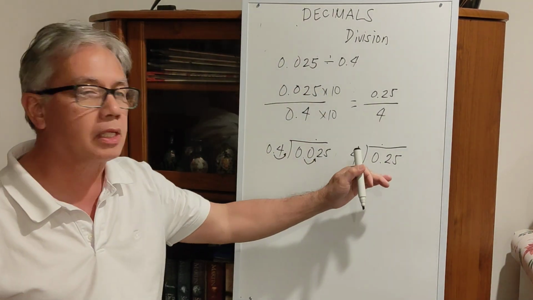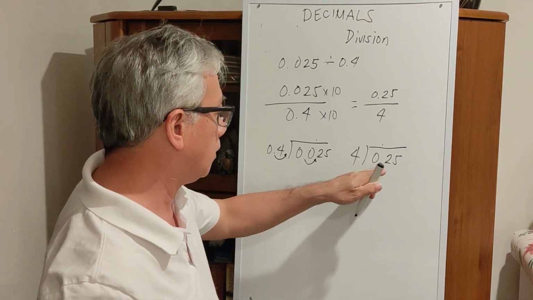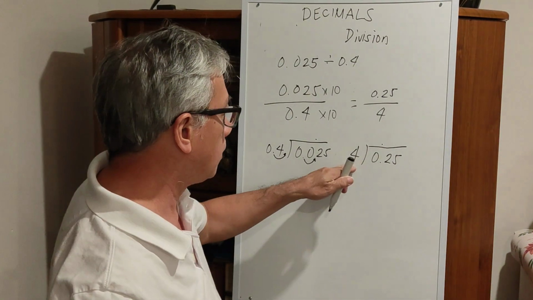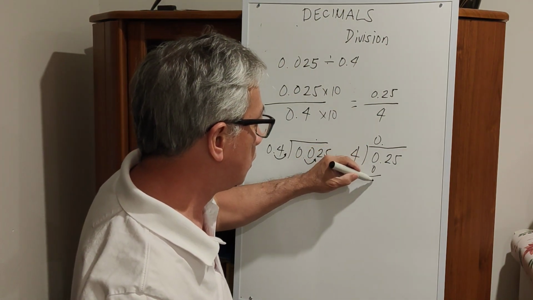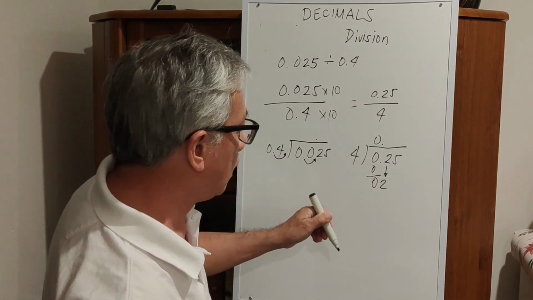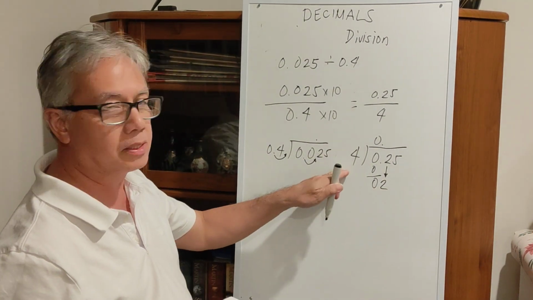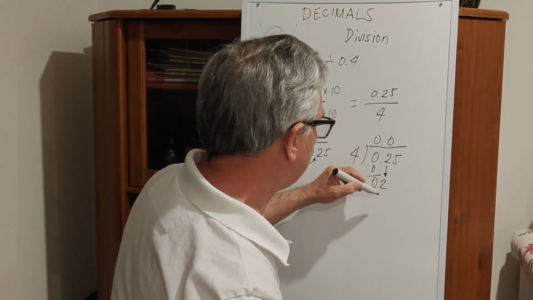So now we can proceed with division. 0 divided by 4 is 0. 0 times 4 is 0. Bring down 2. 2 divided by 4 is still 0. 0 times 4 is 0.